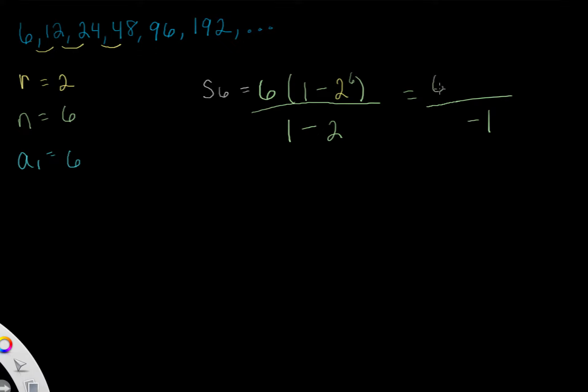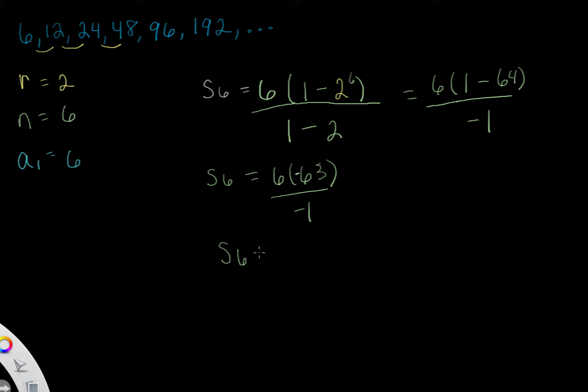So we have 6 times 1 minus 2 to the 6th power. 2 to the 6th power is 64. So we have the sum of our 6 terms is 6 times negative 63 divided by negative 1.